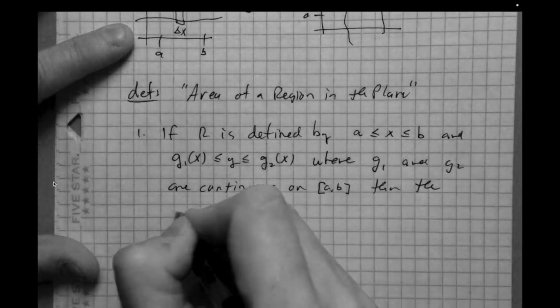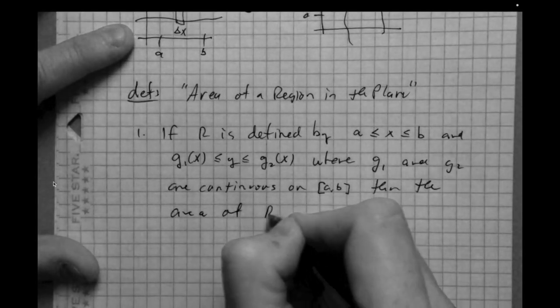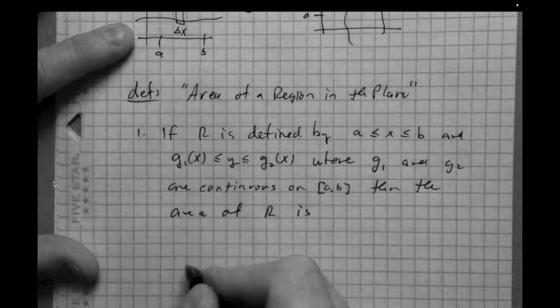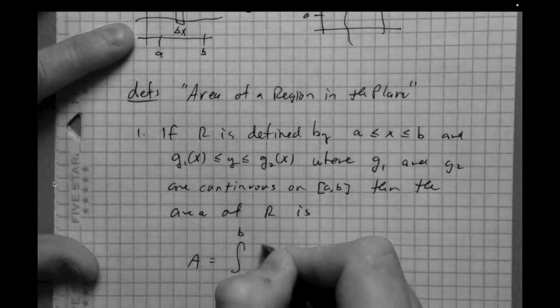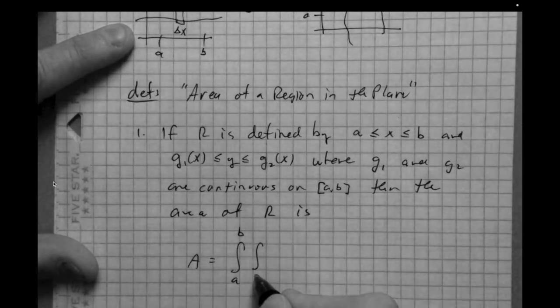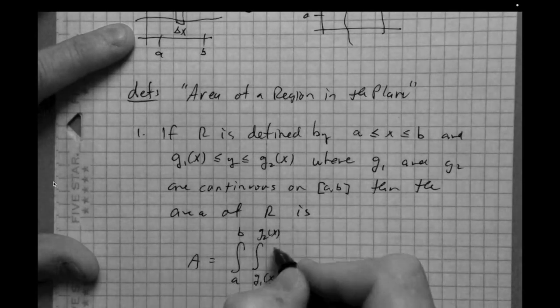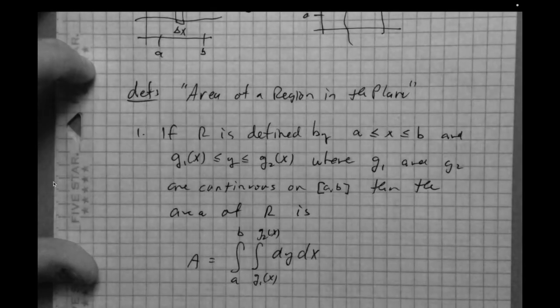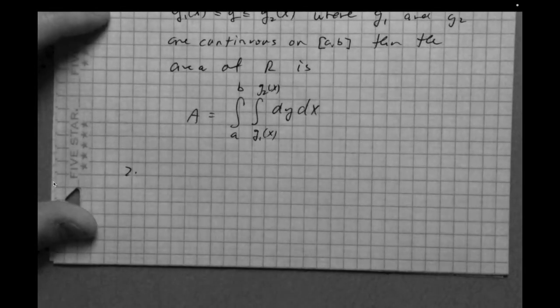then the area of R is just going to be the integral from a up to b of the integral from g1 of x up to g2 of x of dy dx. Okay, so that's the case where you're using dy dx to define the area. Now similarly, you can do the same thing, but in reverse.